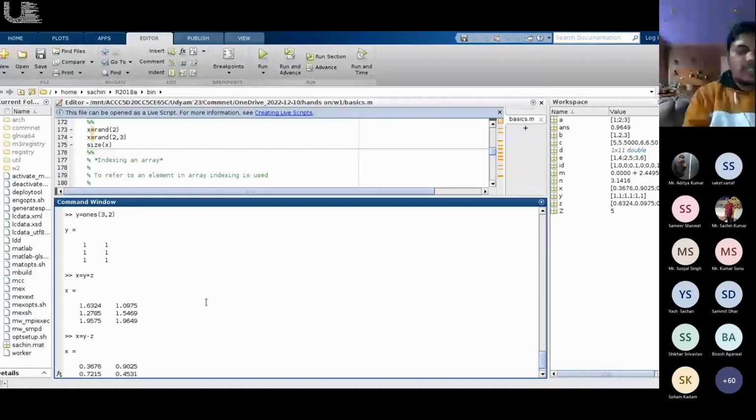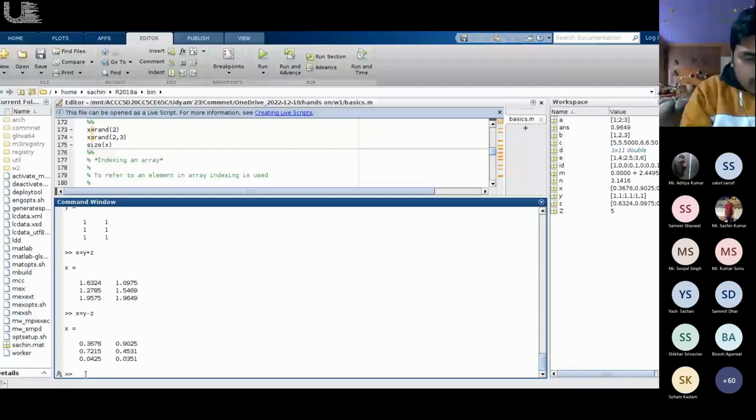Let's say I'm writing x is equal to y. So here y and z is having same dimension, right? What is the dimension of y? हाँ, दोनों सेम है क्योंकि माइनस हो चुका है, तो y डॉट स्टार z.